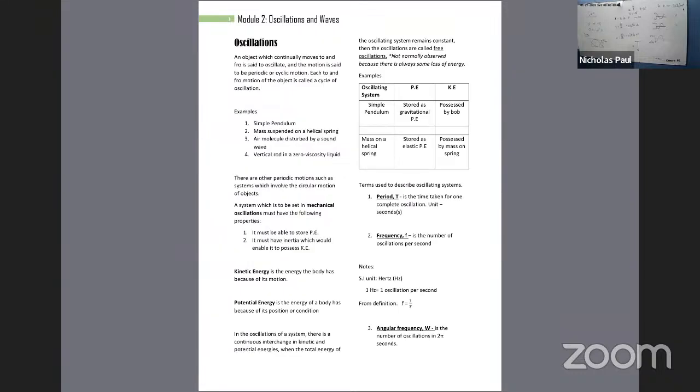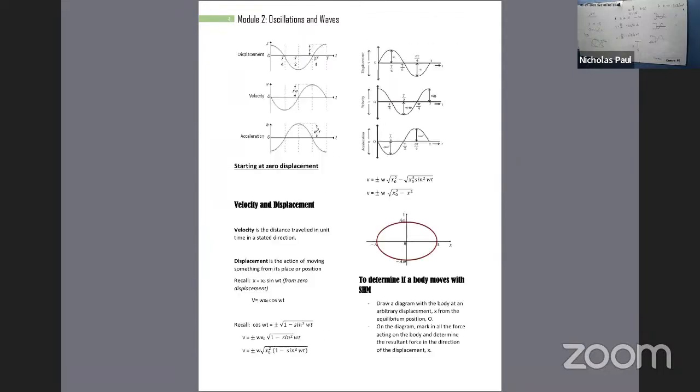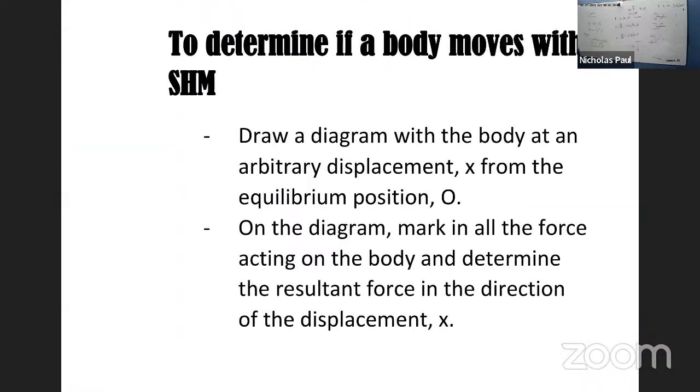We went through oscillation, how we define simple harmonic motion, the graphs, and velocity. There's one more thing that we need to work out: if I give you a body, how do we determine if the body moves with simple harmonic motion?